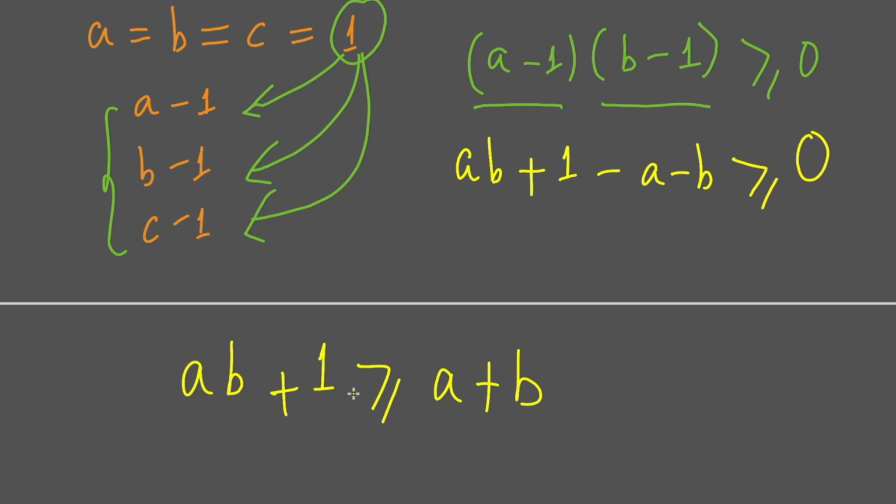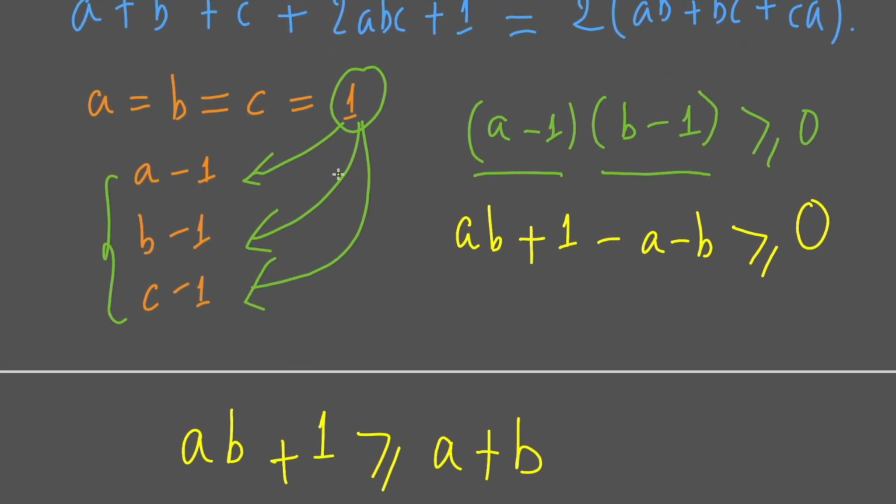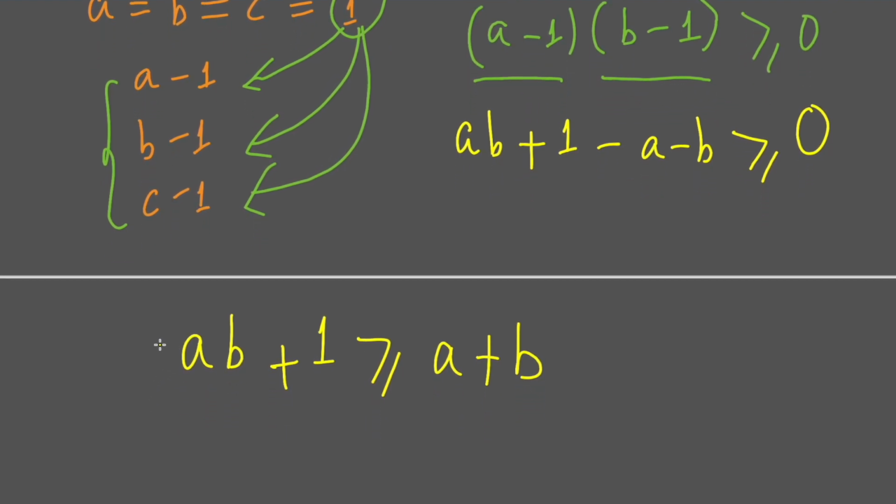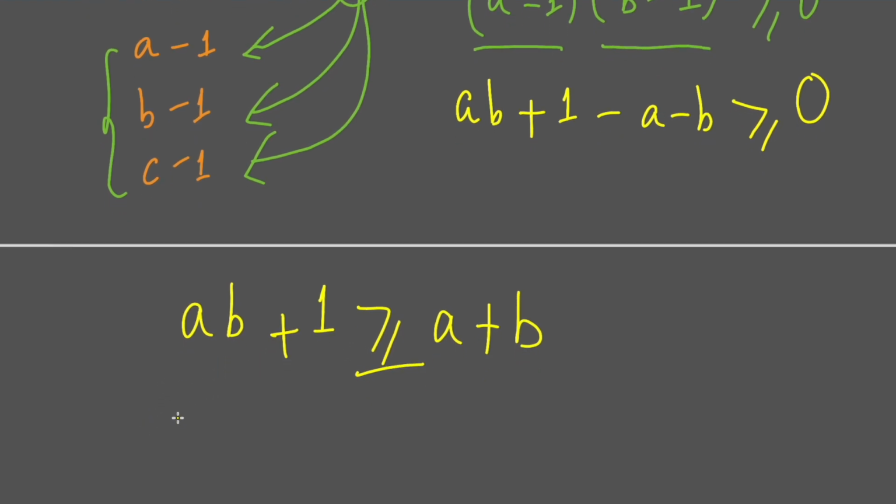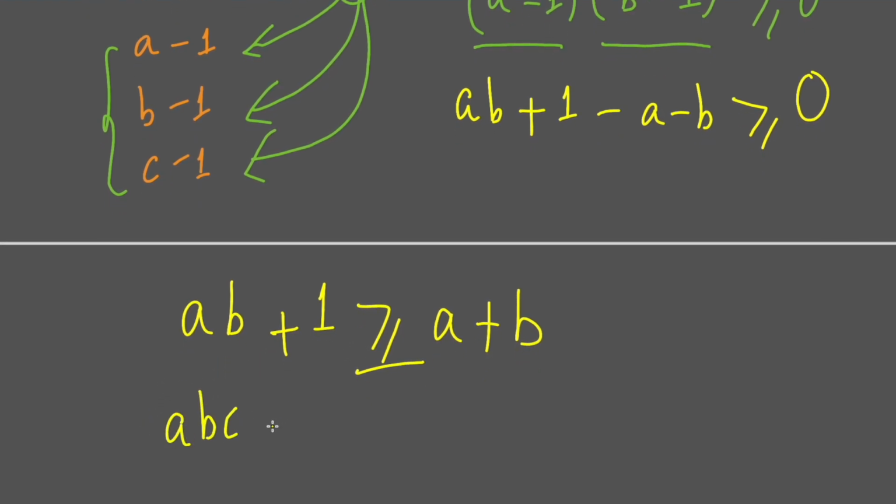Okay, so the next step is you multiply both sides of the inequality by c, and c is a positive number, so it will not change the greater sign. Then you will have abc plus c greater or equal than ca plus bc.